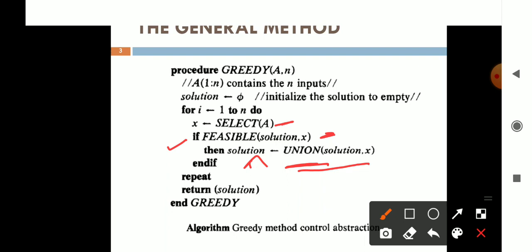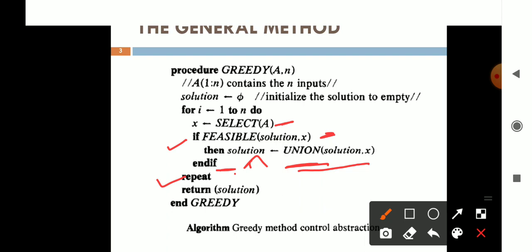So that is what here we are having now one solution because x is feasible. So we are going to add it into the solution list. And here we have end if. End if means here we got the solution and then we are going for the second feasible solution.